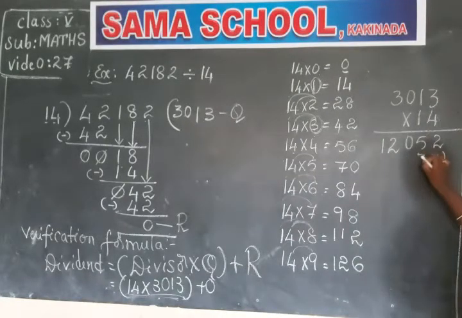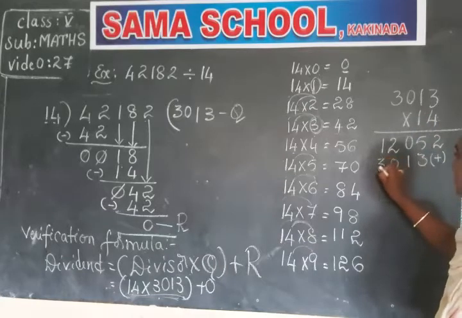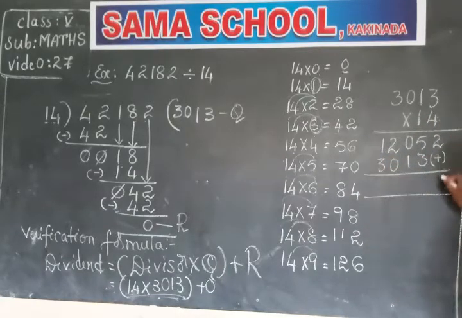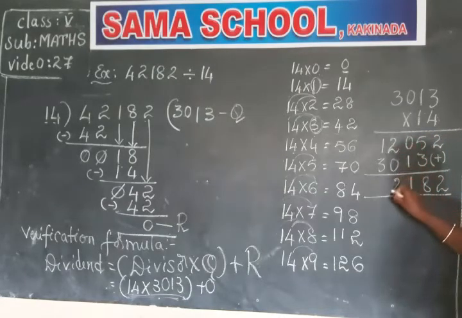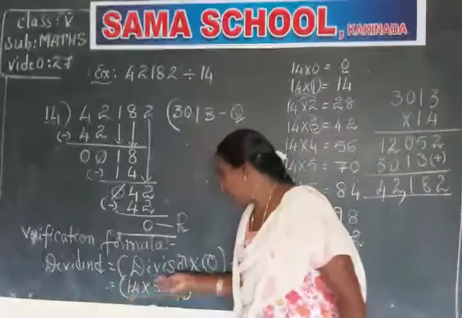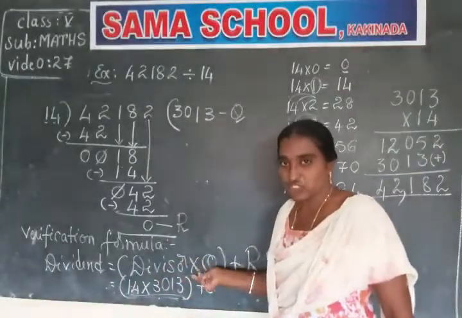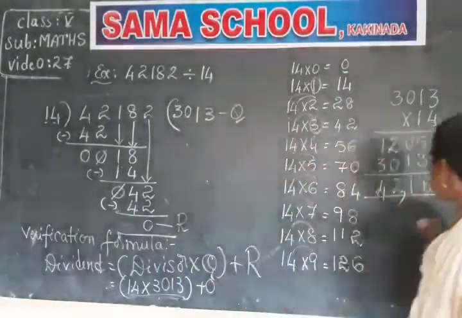1 3s are 3. 1 1s are 1. 1 zeros are 0. 1 3s are 3. Add these two numbers. This is 2. 5 plus 3, 8. 0 plus 1, 1. 2 plus 0, 2. 1 plus 3, 4. See, this is the product we got after multiplying this divisor and quotient, and add remainder to this.